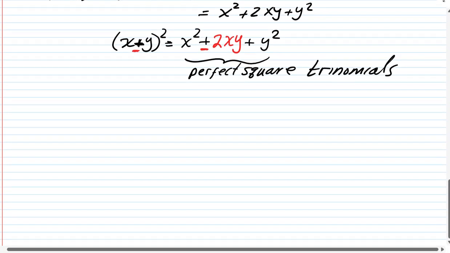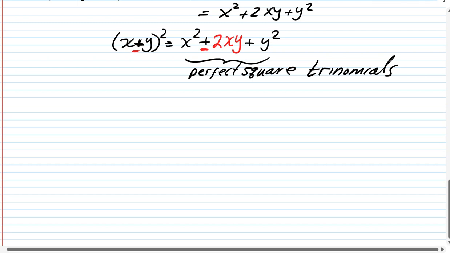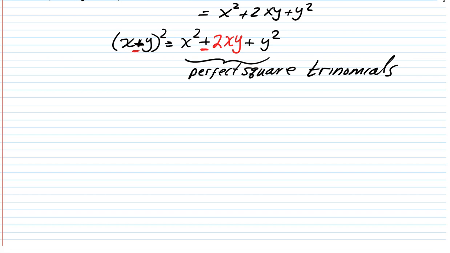And why is it called square? Well, we can see it's square because of that. And what's so perfect about it? Because, if you think in terms of the geometry of this thing, you have a perfect square.